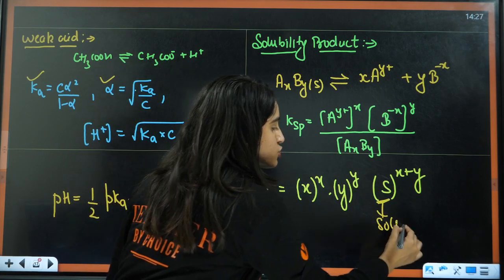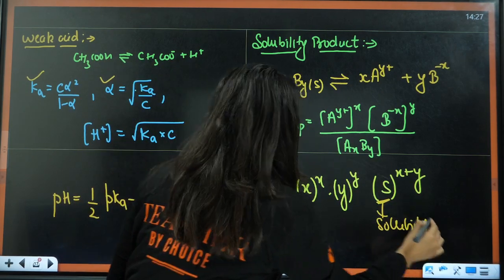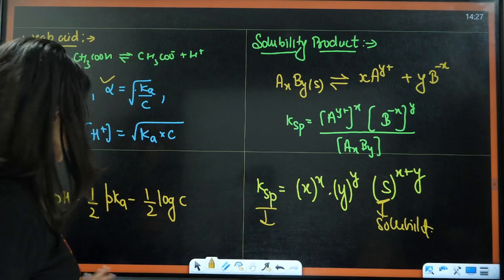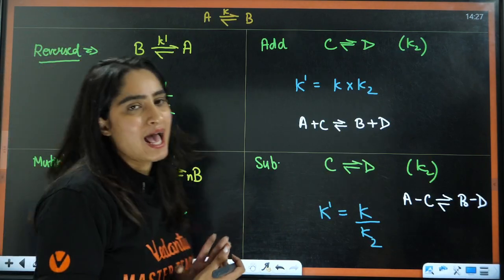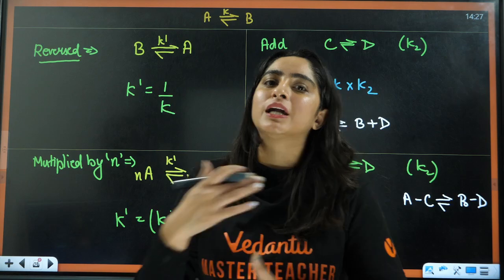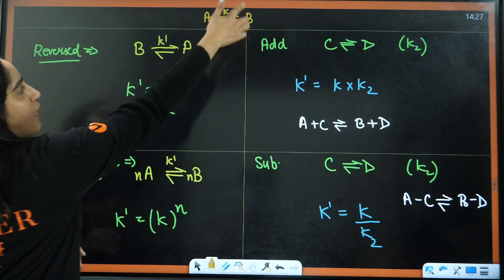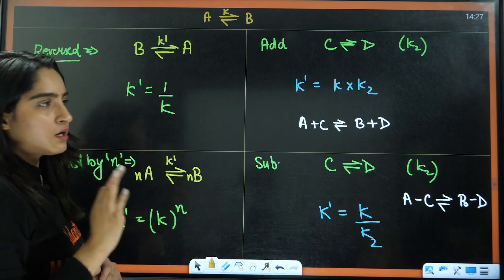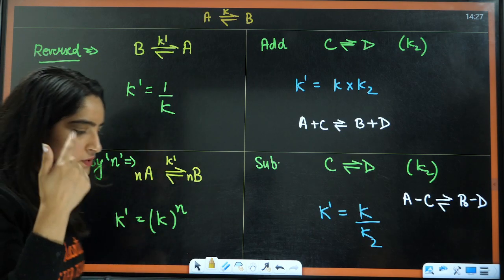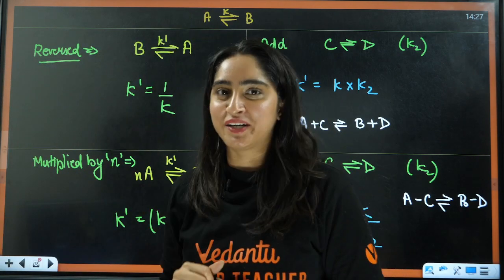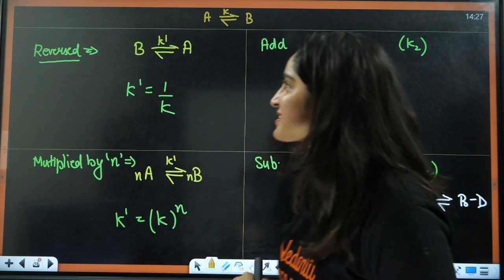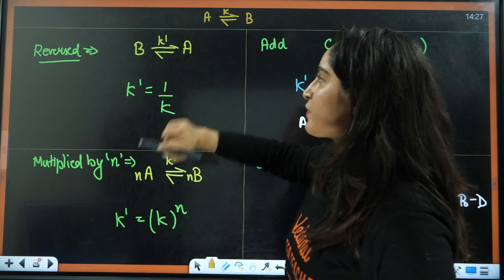This is solubility, right? This is solubility product. Now next we have, if we reverse the reaction, or multiply it, or add or subtract it, these are very simple. So you have this reaction where K is the equilibrium constant here, not the rate constant as in chemical kinetics, right? So this is the equilibrium constant.